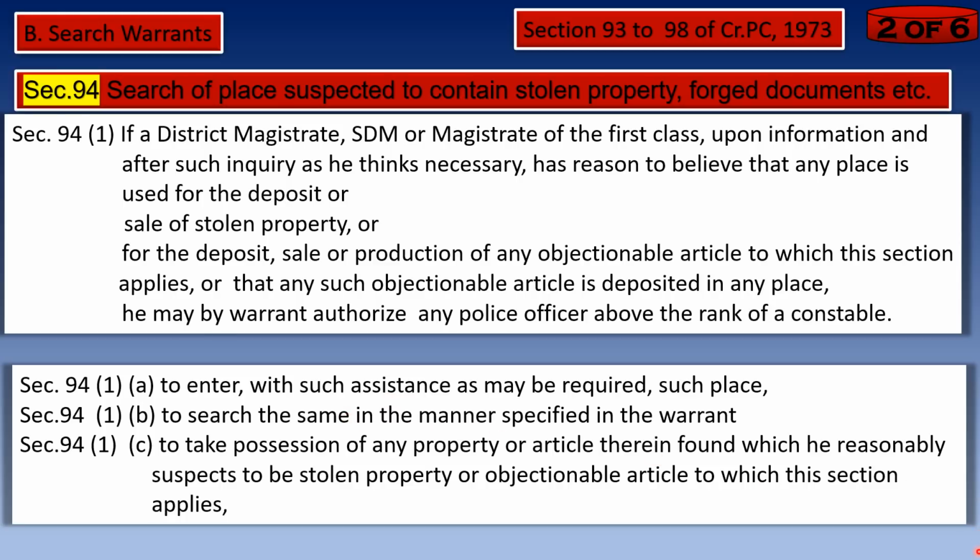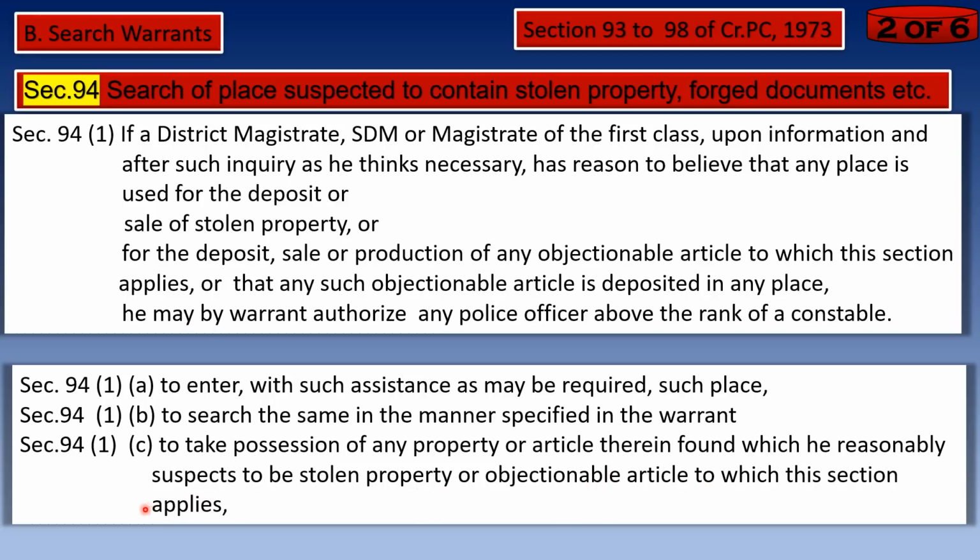The most important part is clause C of subsection 1 of Section 94. Very important. This gives the power to take possession of any property or article which is considered stolen property or considered an objectionable article found in such place.